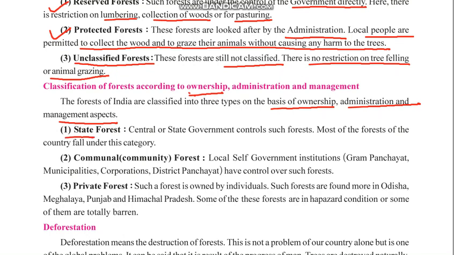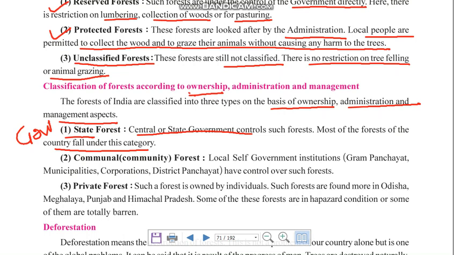State here means government. So the central and the state governments control such forests. Most of the forest of the country falls under this category. As I told you, most of the forests in India are under the control of the government, and that's why they are termed as state forest.